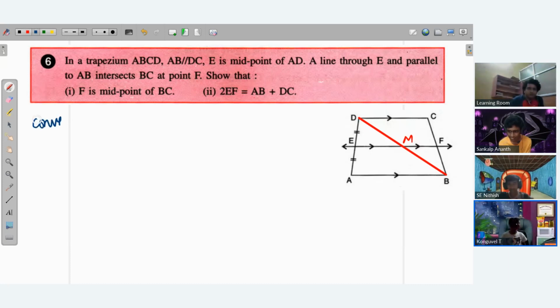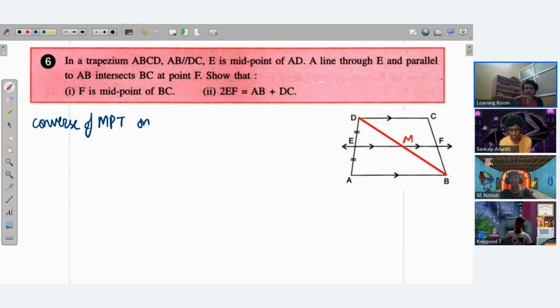Converse of the midpoint theorem means we forgot to say midpoints exist. Start from a midpoint, start a ray parallel, then you get something. So that is F. So on triangle DAB, I have a midpoint E. I started a parallel line to AB.